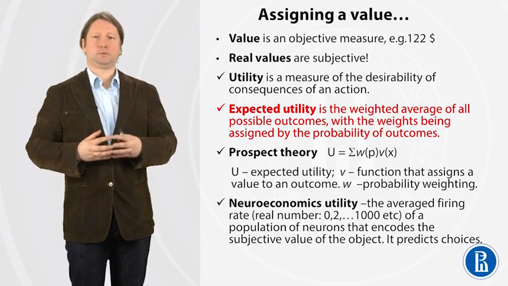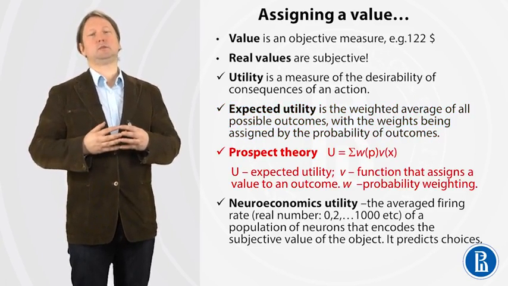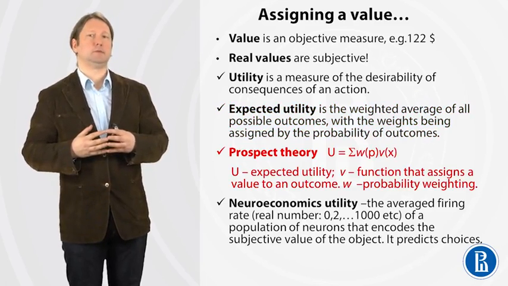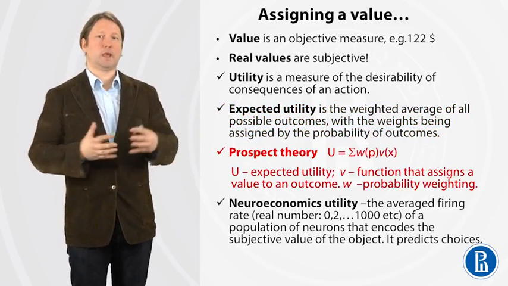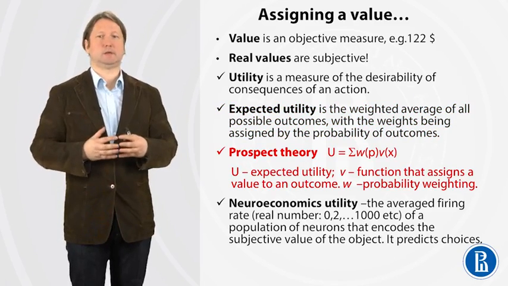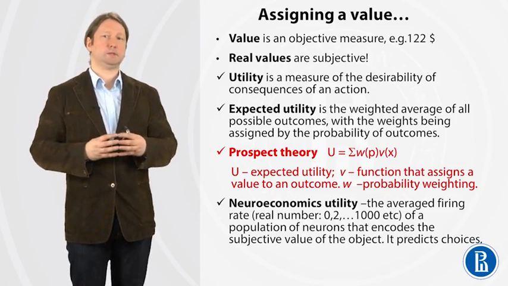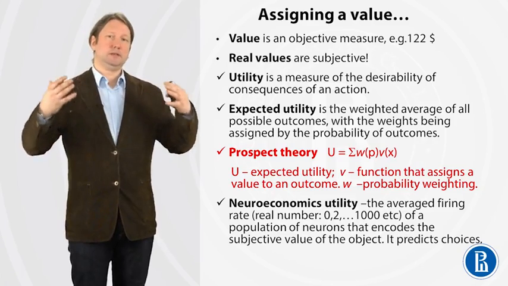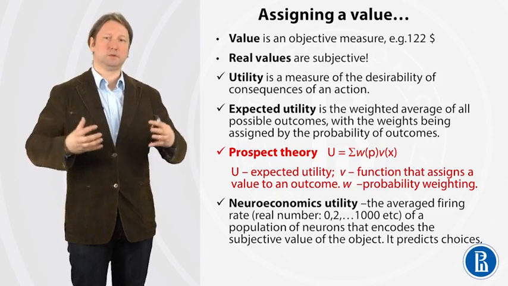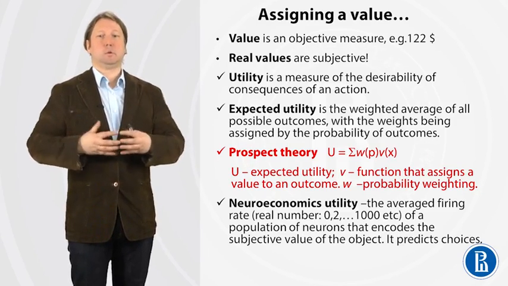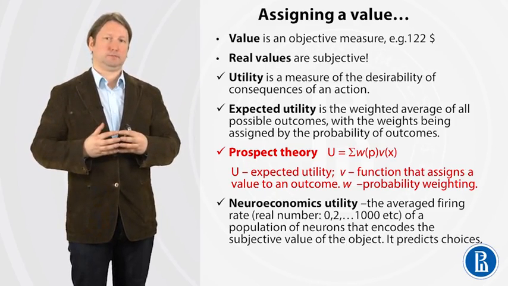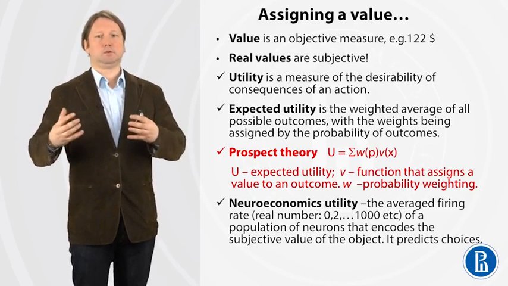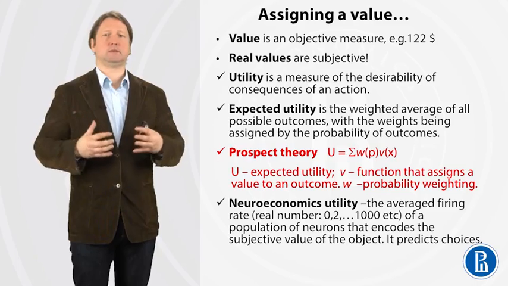Furthermore, prospect theory suggested that not just values are subjective, but also our estimates of probabilities are subjective. That's why prospect theory suggests that we integrate a certain nonlinear function of our value estimates with a probability weighting function. So both values and probabilities are subjective and nonlinear.